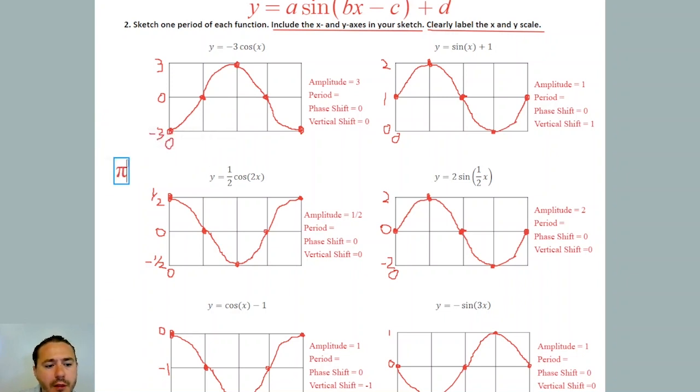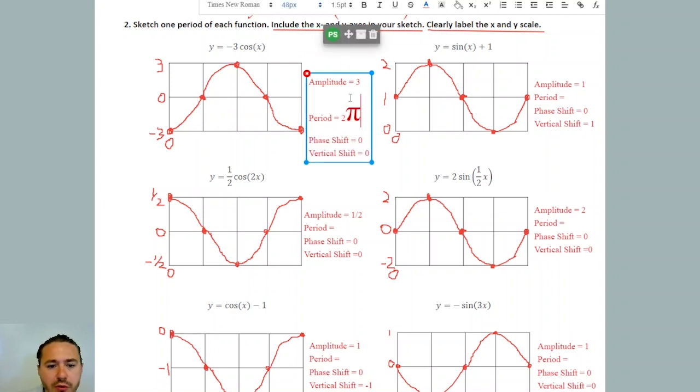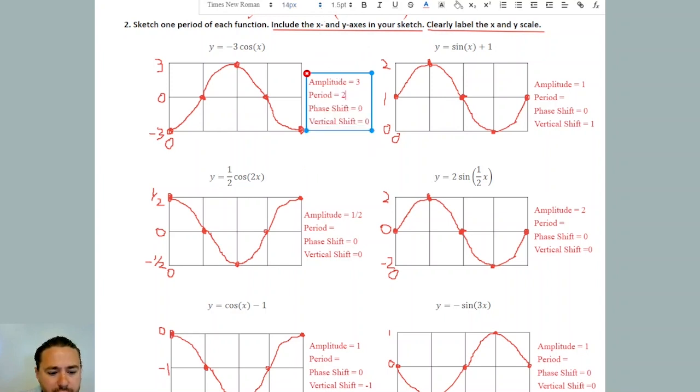Oh, I thought I deleted it. Trash. Oh, come on. Stop disappearing on me. There we go. Okay, so the period, the parent is going to be 2 pi. It doesn't like that. So normally it'd be, well, that's very big. Let's try to make that a little smaller, shall we? It's a little too big.